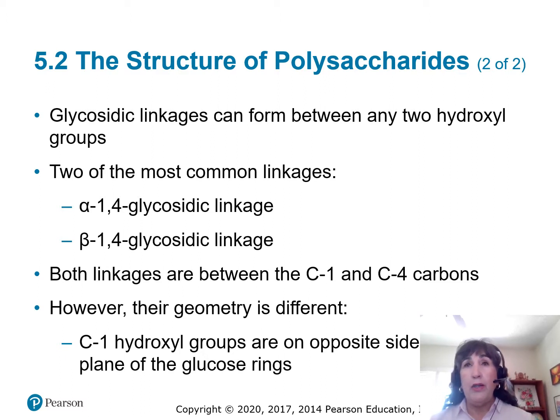So remember, hydroxyl is OH. You can have 2 types of glycosidic linkages, an alpha 1,4 glycosidic linkage or a beta 1,4 glycosidic linkage. Both linkages are between C1 and C4 of different molecules, as we'll see in the upcoming figure.